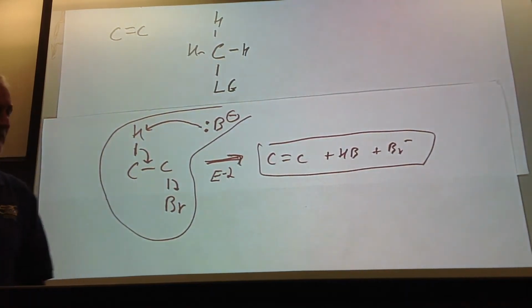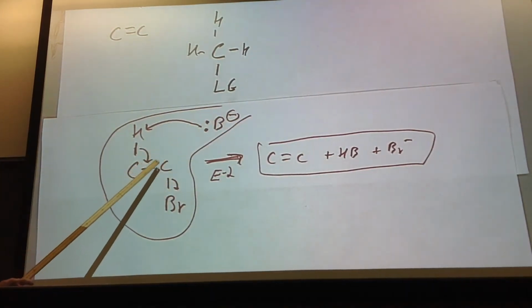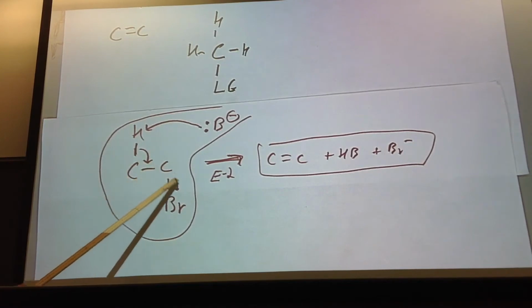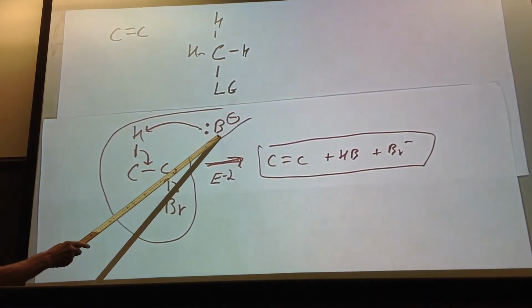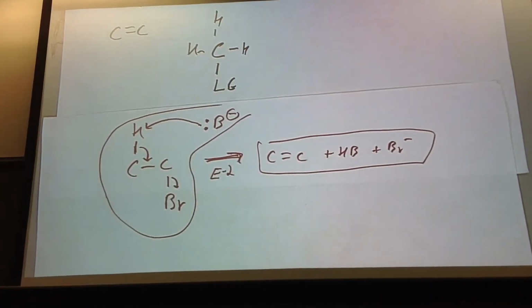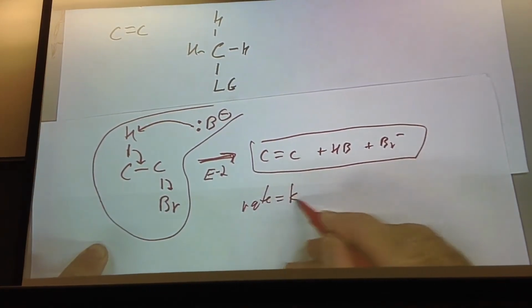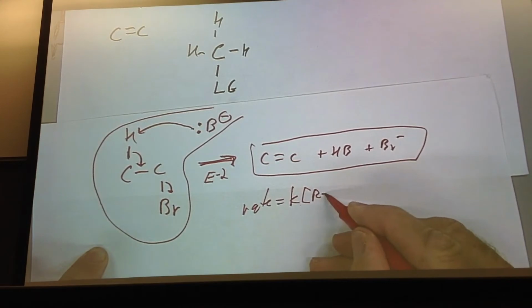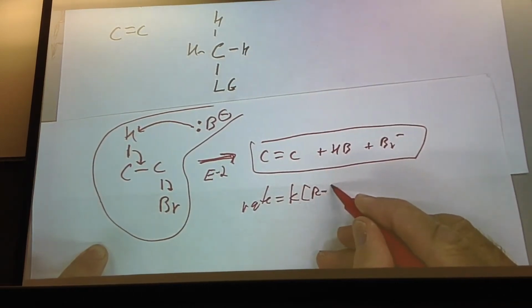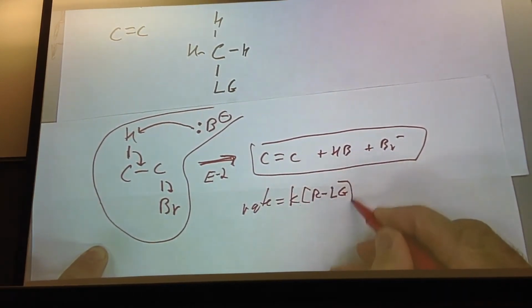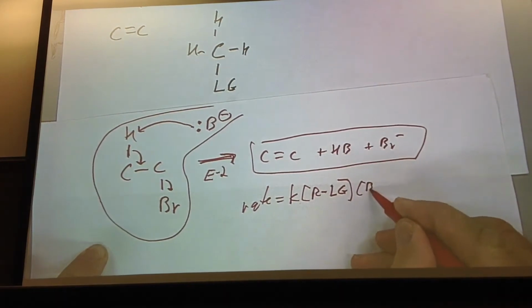And this single step involves 2 things. It involves the substrate and the base. So the rate of this reaction depends on some rate constant K times the concentration of the substrate, which has the leaving group, LG, times the base.